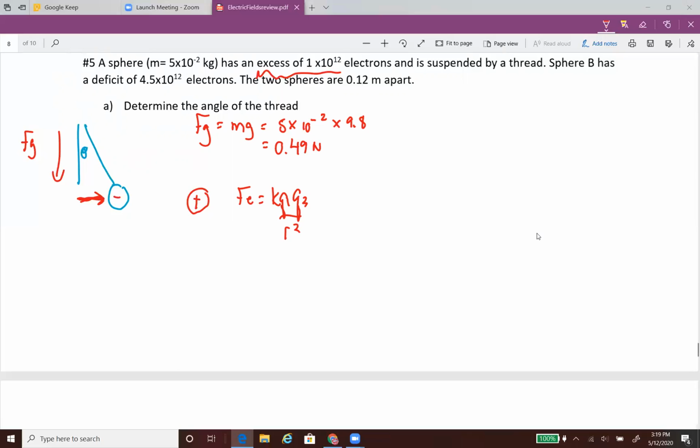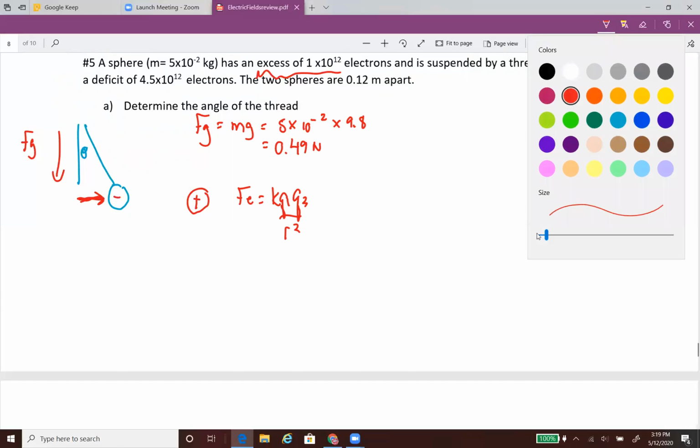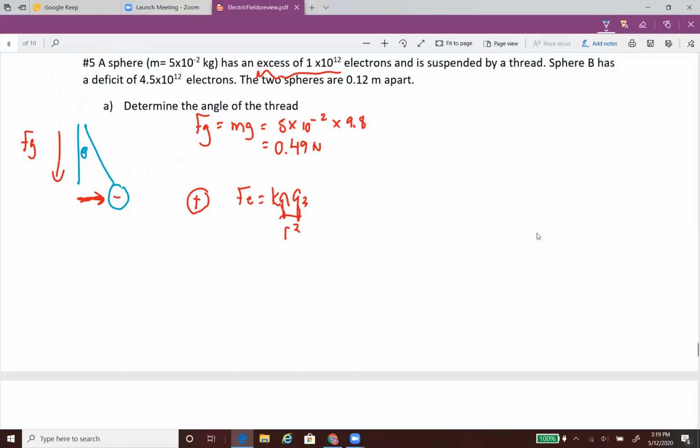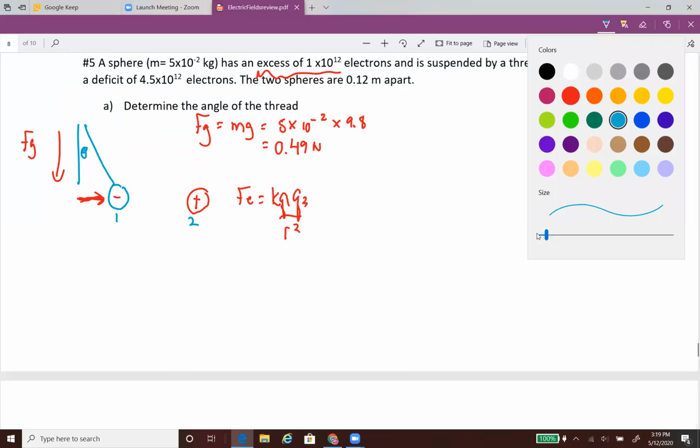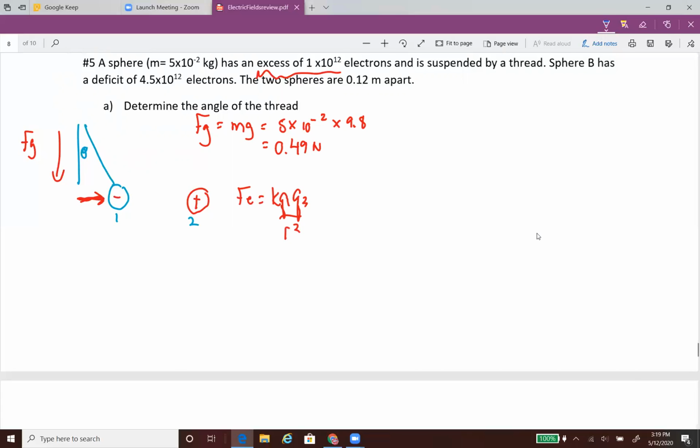But first we have to figure out what the charges are. Let's call this sphere 1 and this sphere 2. We have to figure out what q1 and q2 are. It says that sphere 1 has an excess of 1 times 10 to the 12 electrons.